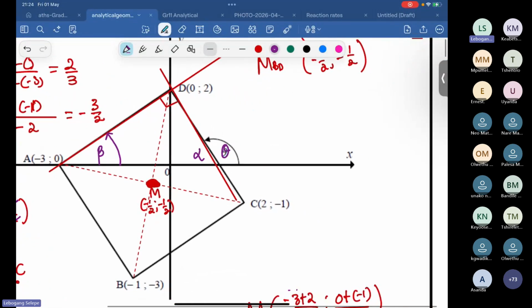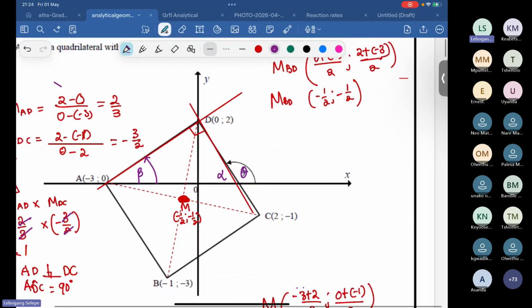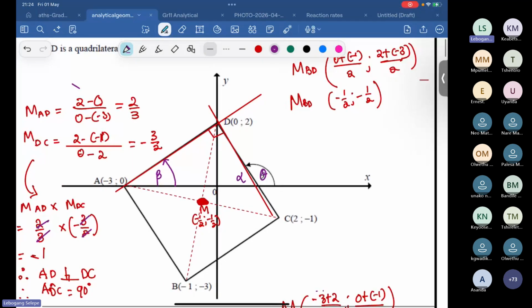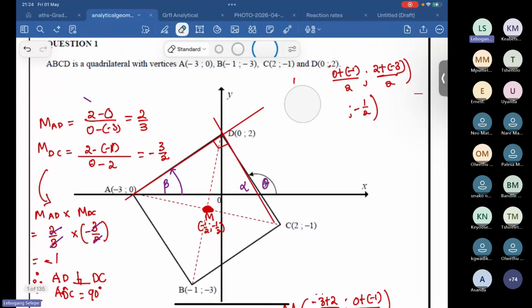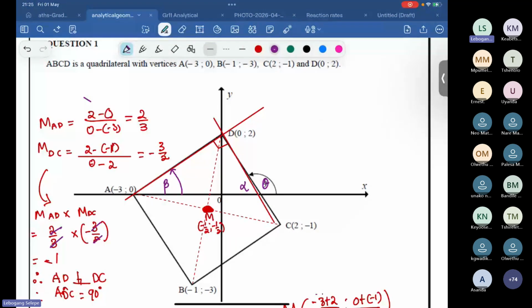Now, we've calculated the gradients for the two line segments. I'm happy. So we know, let me just remove this because I'm trying to run away from opening a whole new page. We know very well that tan theta is equal to the gradient of which line segment? Which gradient is equal to theta? CD, right?